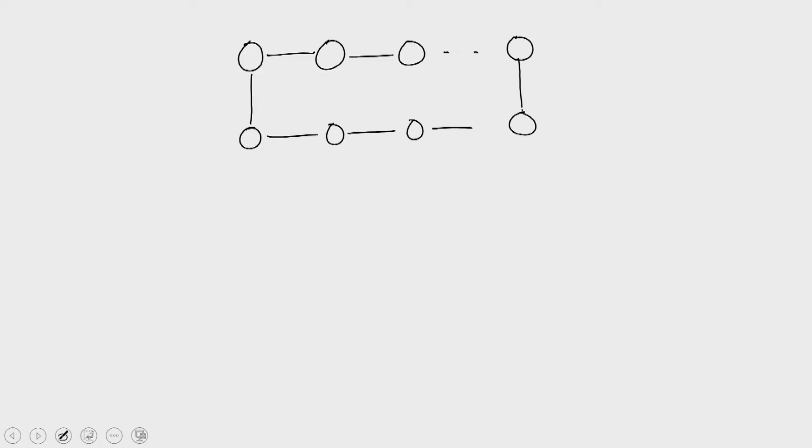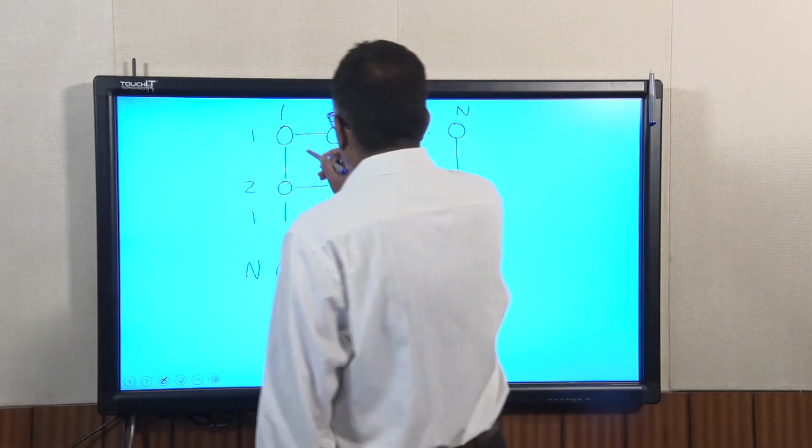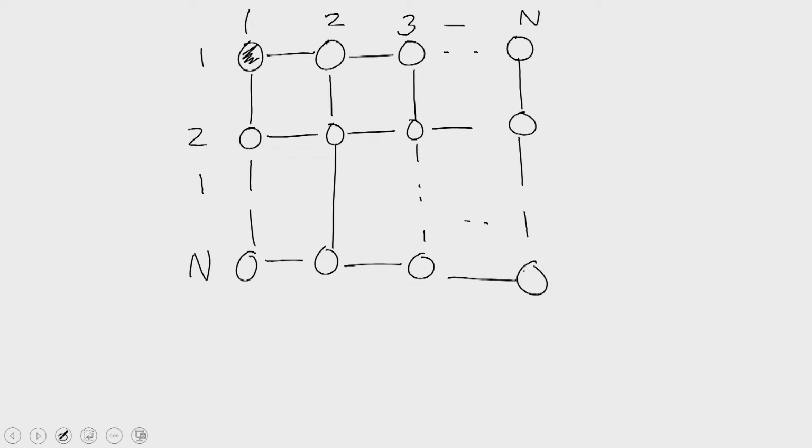Instead, when you consider a two-dimensional mesh of size n by n, the maximum distance between any two nodes will be obtained by going from the top left to the bottom right, for example.